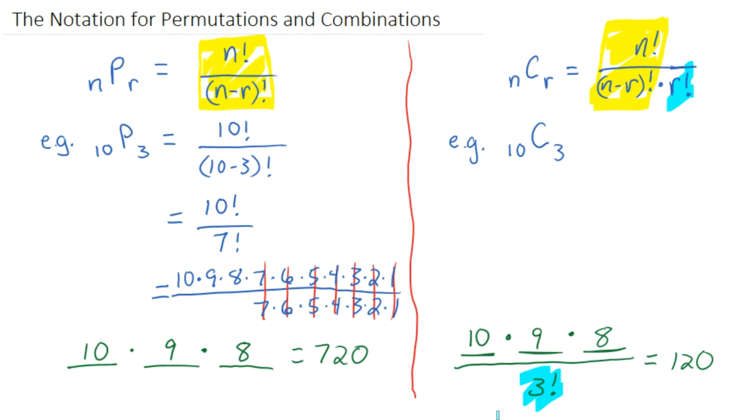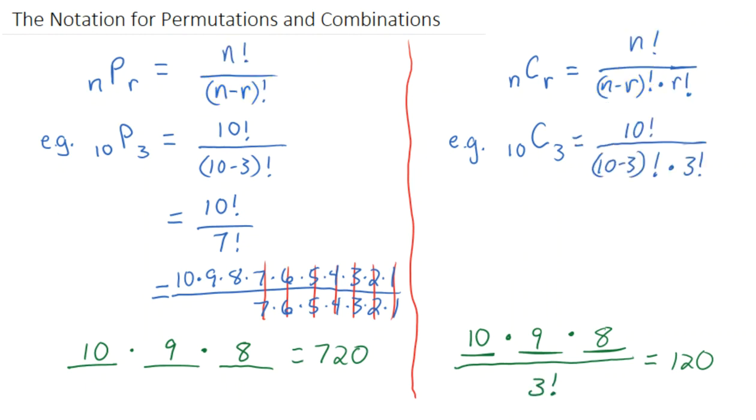Let me go through the work on that so you can see how it gets down to the same thing we already did before. So when I apply the formula to 10C3, I get 10 factorial divided by 10 minus 3 factorial times 3 factorial. Then, like I did over on the permutation slide, I can simplify the 10 minus 3 factorial down to a 7 factorial.